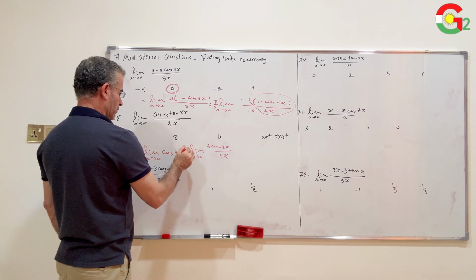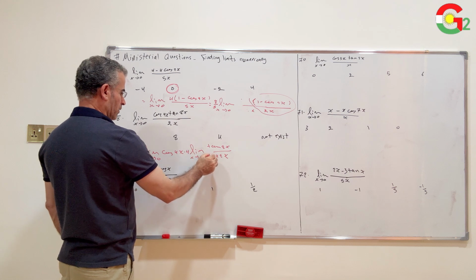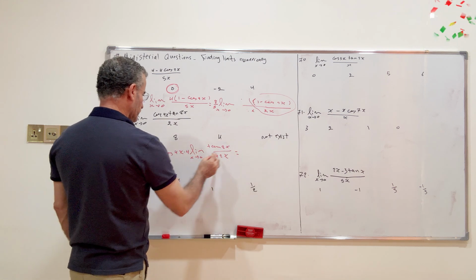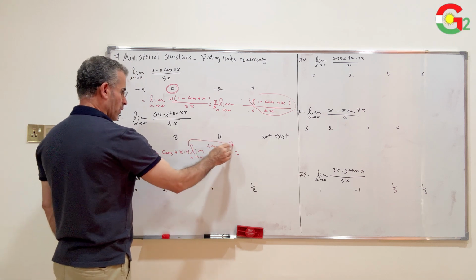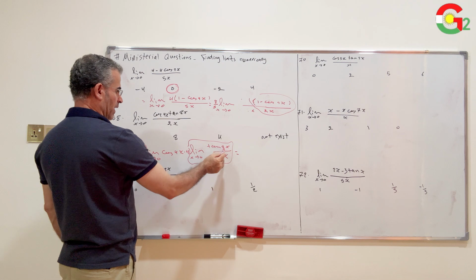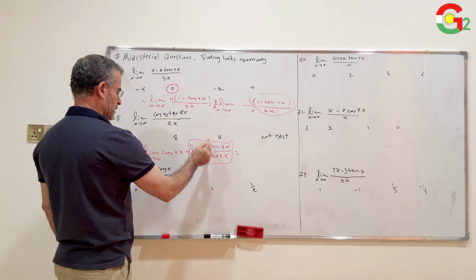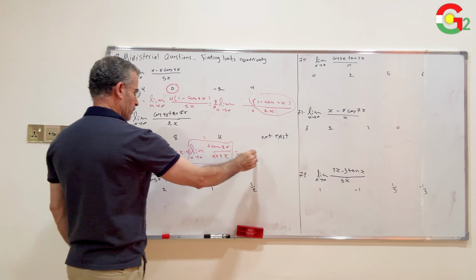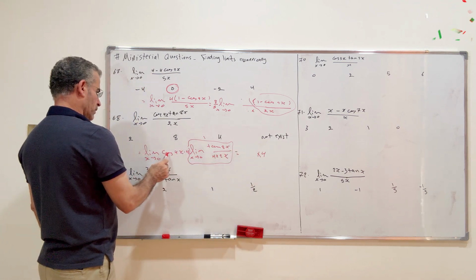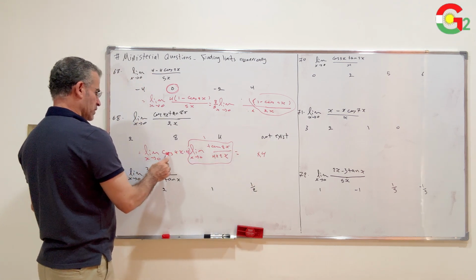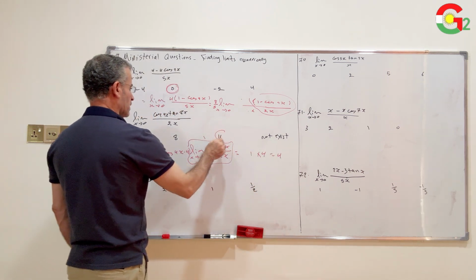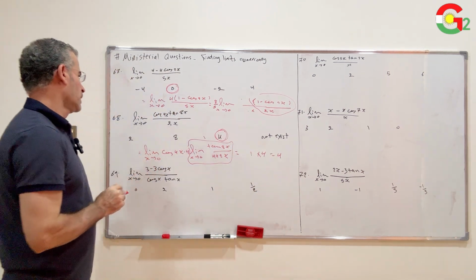Multiply the second limit by 4 and divide by 4. Then this limit will be 1, since the limit of tan ax over ax as x approaches 0 is 1. 1 times 4 is 4, times the limit of cosine 4x when x approaches 0, cosine 0, 1. The answer is 4. Choice C.